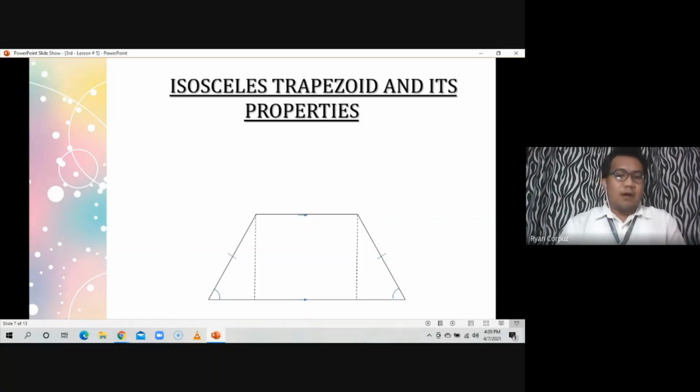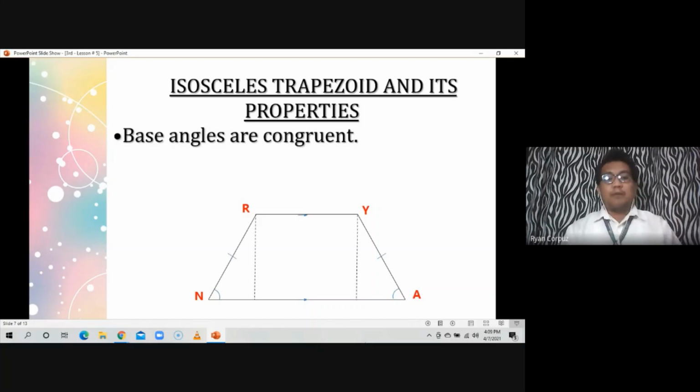So, ano yung kailangan natin malaman about isosceles trapezoid? Isosceles trapezoid has properties that we can use whenever an isosceles trapezoid is given in the problem that we are solving. So, ano-ano ba yung mga properties na yon? Unahin natin, first property of isosceles trapezoid is that base angles are congruent.